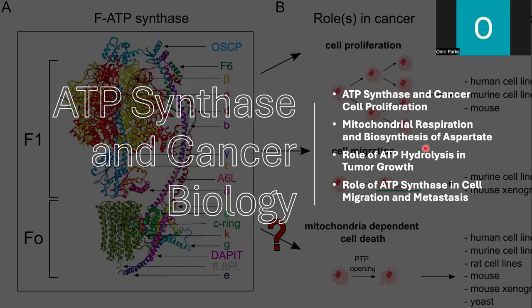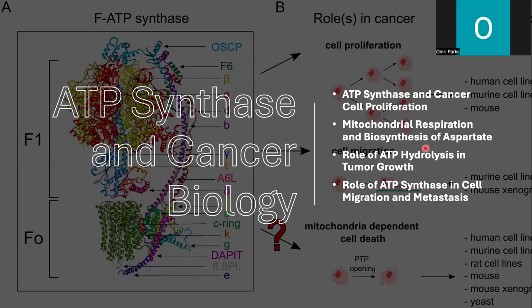So that basically just means that it depends on the location of the cell or cancer and its environment. Like this paper shows how some cells have different selectivity for different modulations of ATP synthase, and we'll get to that in the next slide.